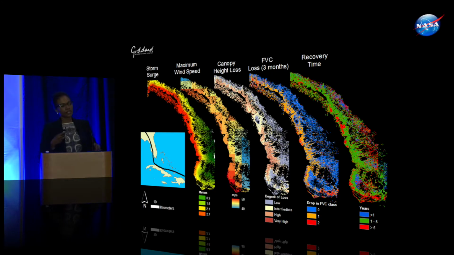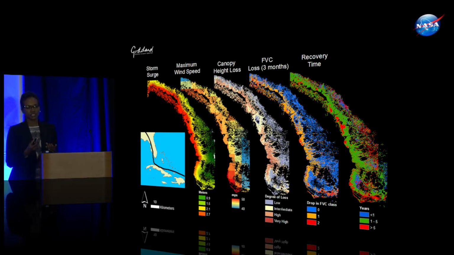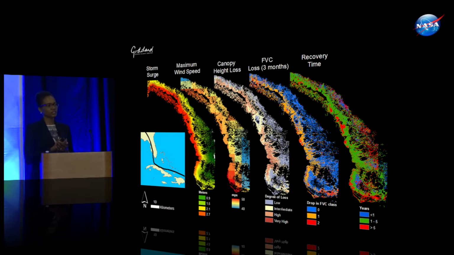So one of the main questions that we wanted to answer is, how resilient are these forests and what is causing the main loss in mangrove forests here in southern Florida after the hurricanes? So we combined several of our data sets to try to estimate what the resilience and the recovery time was of each forest. What I'm showing here is a modeled storm surge.